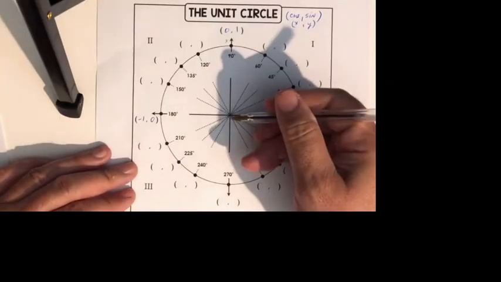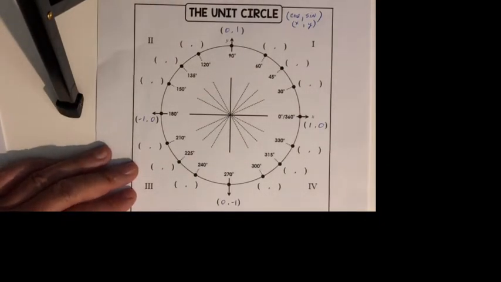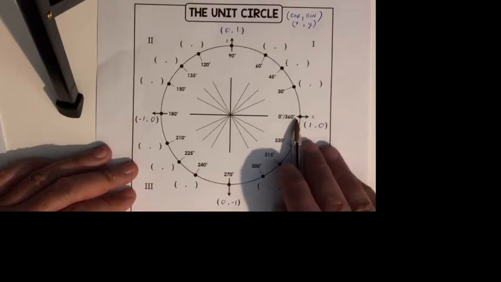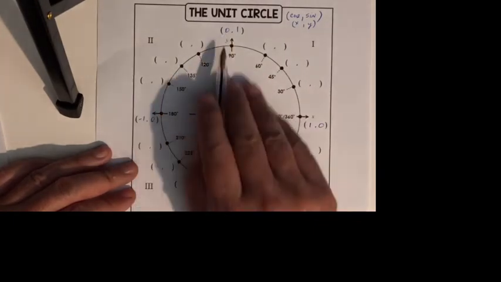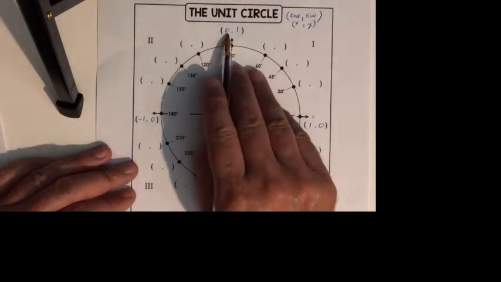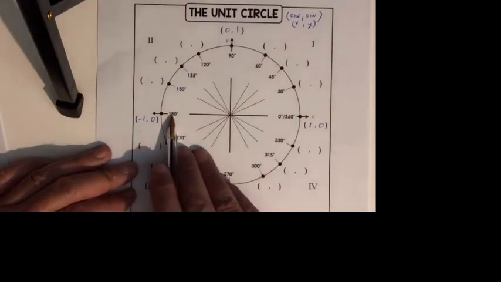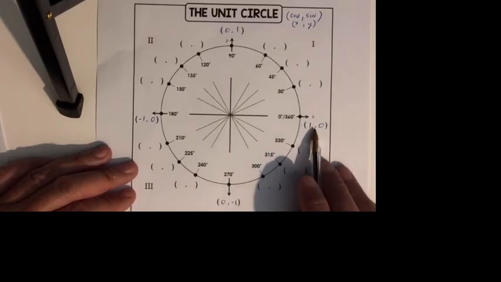And down here, you go 0 and -1. And right away from that, we already have the cosine and the sine of 0 and 360, which is right here. Then we have the cosine and the sine at 90, at 180, and at 270. And again, 0 and 360 is the same.